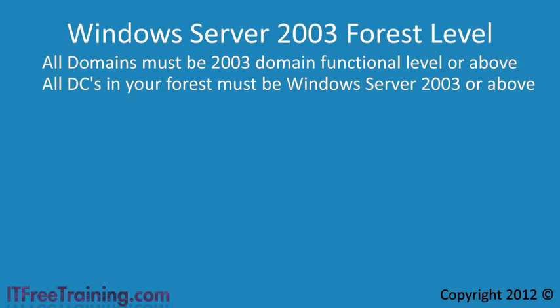Remember that the forest and domain functional levels do not affect which clients can join your domain. Once you raise your forest level, you gain additional features. The first feature gained by having Windows Server 2003 forest functional level is the Forest Trust feature. A forest trust allows you to share resources between two forests easily.